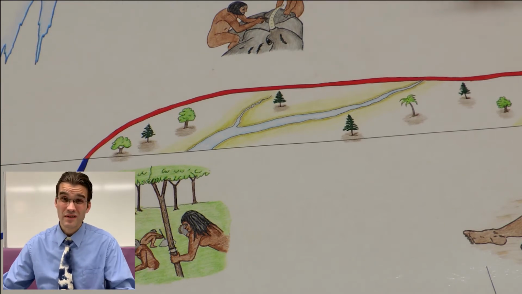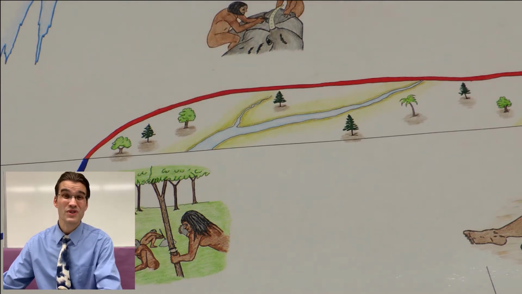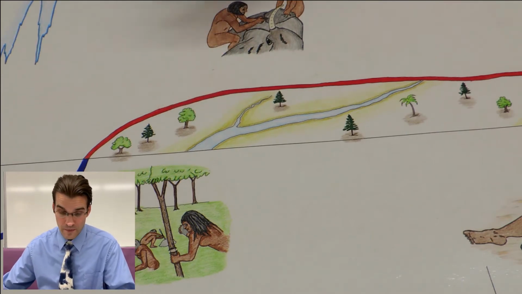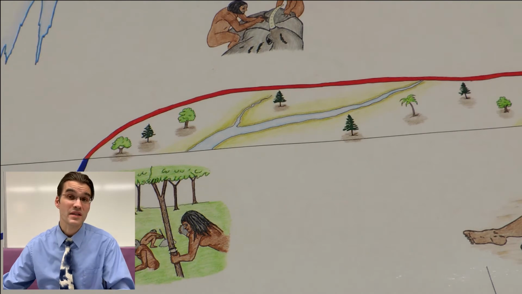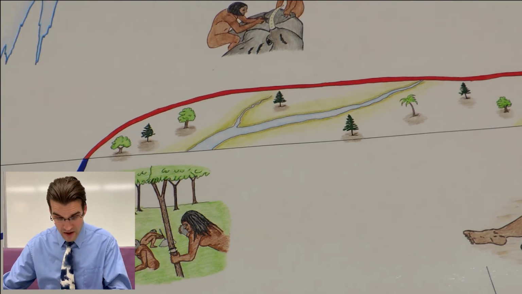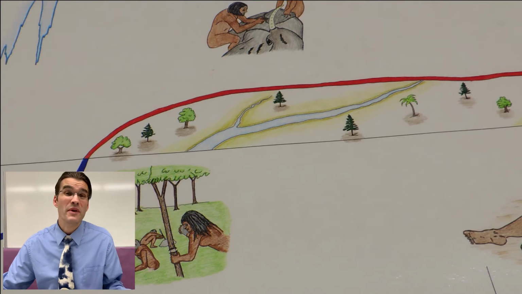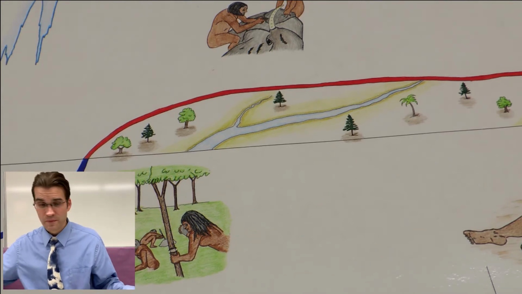We often, same with a lot of other animals, they need to find sources of fresh water to stay healthy. And so humans would go to these areas as well. Now, up here, you can see how humans were using their stone tools to help them meet their needs by finding meat and other types of food.